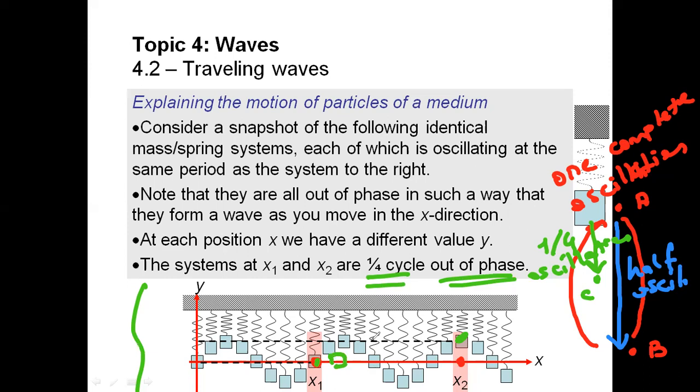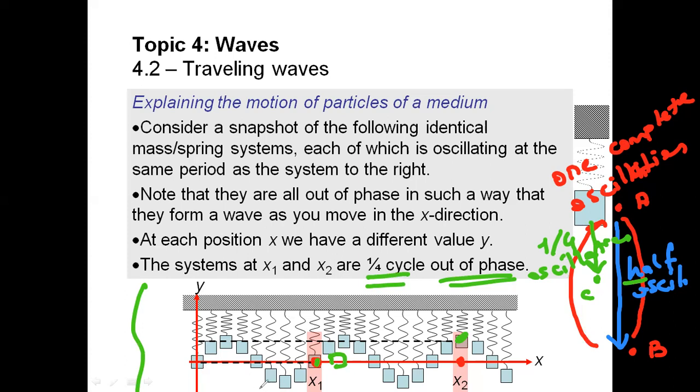So we will have more examples related to out of phase and in phase. So we will just look at the oscillations. One complete oscillation is called one cycle. And if you take half of one complete oscillation from A to B, it will be half. And again, if you take half of half oscillation, it's going to be 1/4 oscillation.